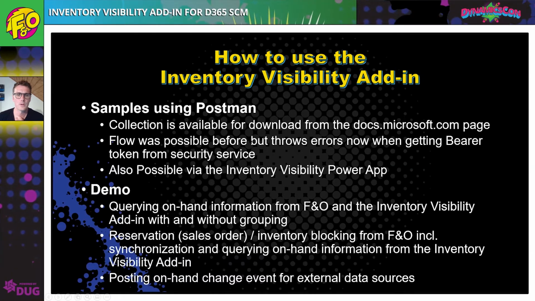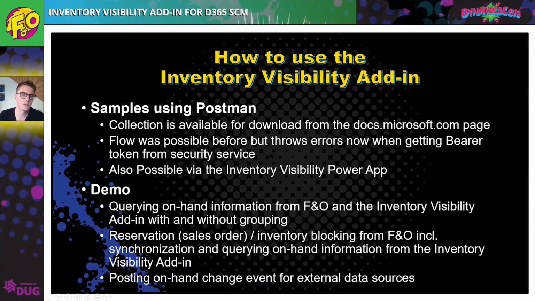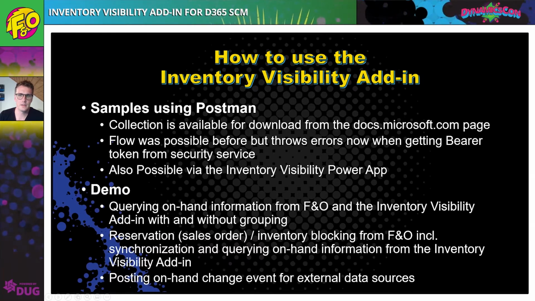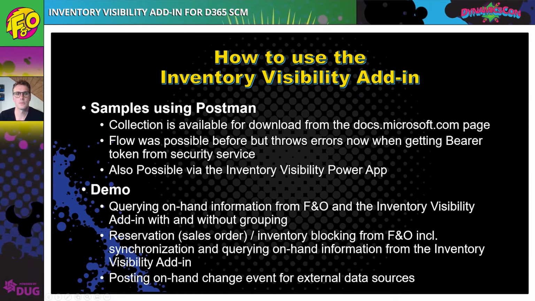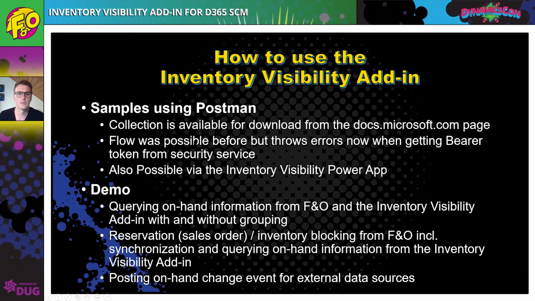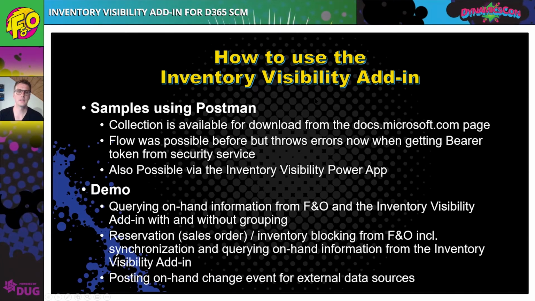Previously, I've also written a blog post about the inventory visibility, I think 2 or 3 months ago, on the preview version. Currently, the whole add-in is already in GA. But in the preview it was also possible to use Flow or Power Automate to query the inventory visibility add-in.